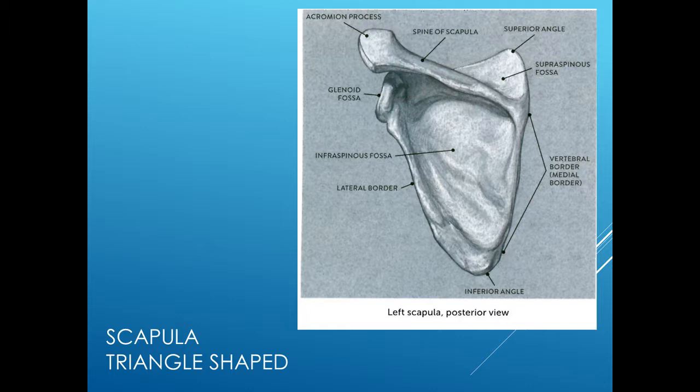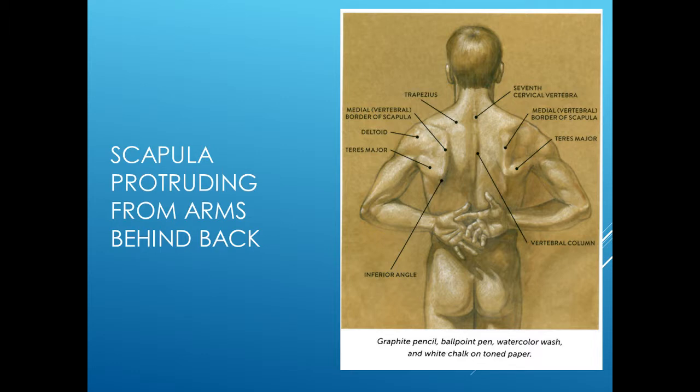Here the scapula is kind of triangle shaped, and you can see all the different parts of it again, and it still looks like that garden trowel. When you put your arms behind your back, you'll notice that the scapula protrudes out from the body.